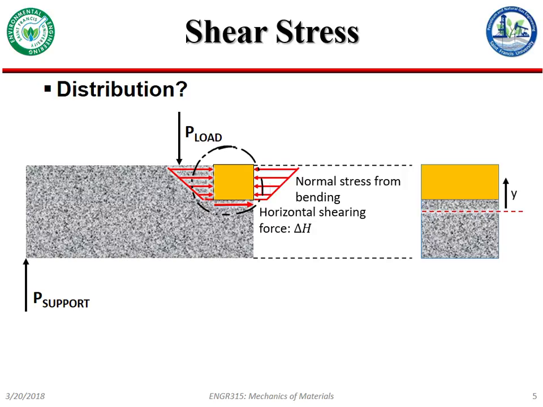We're in three-point bending, so we have some set of normal stress distributions acting on this little element. Will the bending stress be the same on either side of the element? Yes. Why?